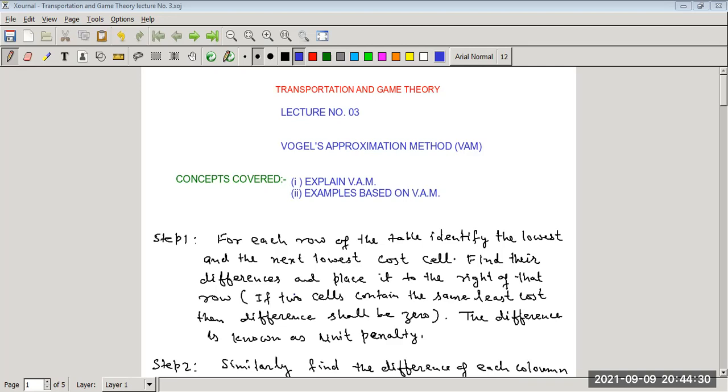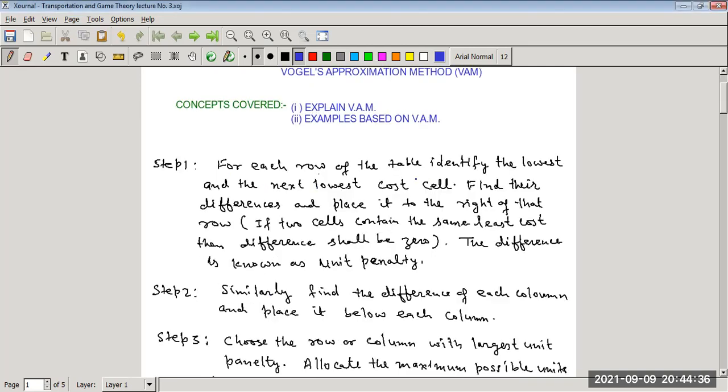So the first step is, for each row of the table, meaning the transportation problem that we have been given, identify the lowest and the next lowest cost cell. Find their difference and place it to the right of that row.